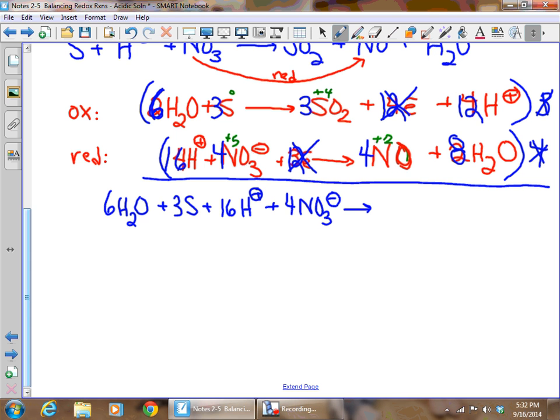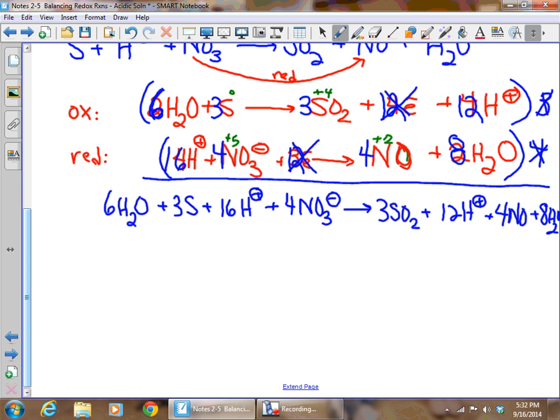You can miss things so fast on these, and if you mess up one charge, these problems just explode. So 3 SO2s, 12 hydrogens, 4 NOs, and 8, I'm going to squeeze it in here, 8 waters.